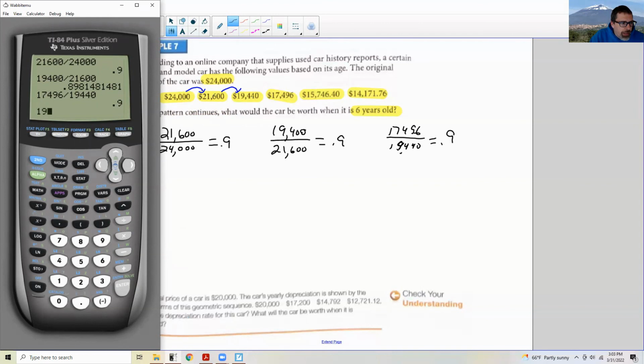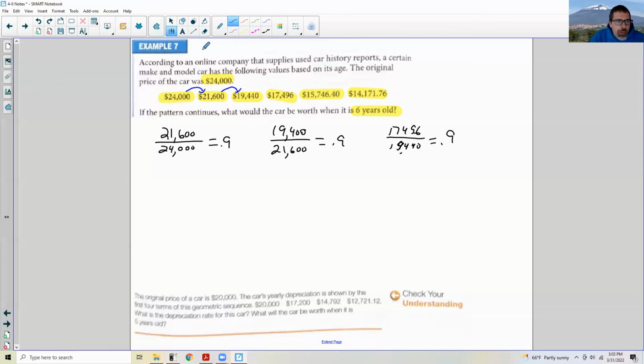Let me fix that. 19,440 divided by 21,600 is 0.9. Okay, so it isn't an approximation, it's exact. And the last two, I'm assuming, would be the same, so I'm not going to go any further. The common ratio R equals 0.9. All right, so we found R, the common ratio.